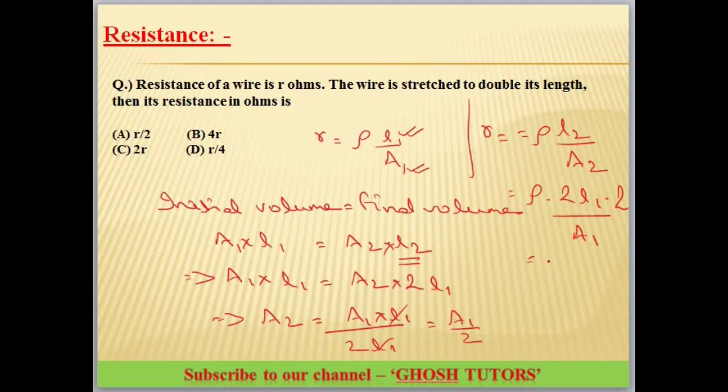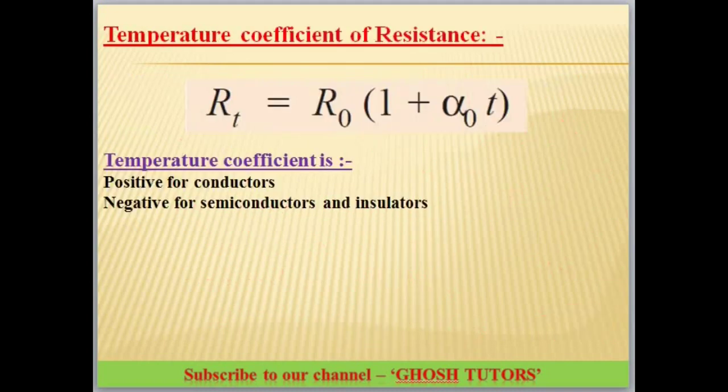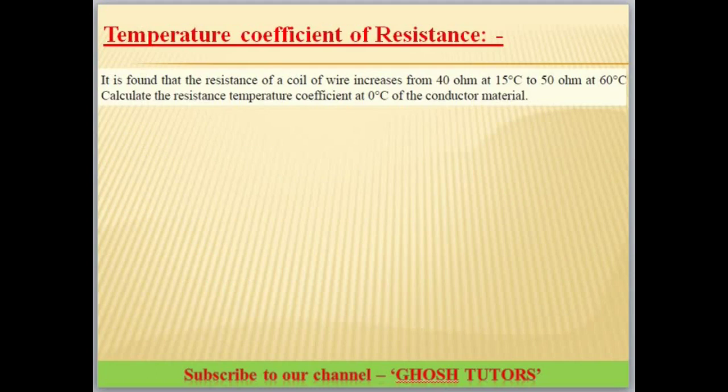The 2 in the denominator will come up here. So 4 into rho L1 by A1. It means 4 into rho L1 by A1 is equal to 4R. So your new resistance will be 4R. This answer will be correct. So we will see next.